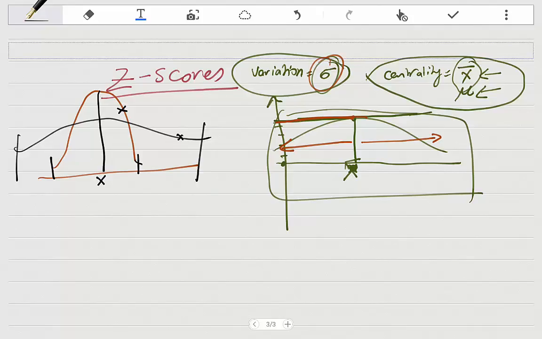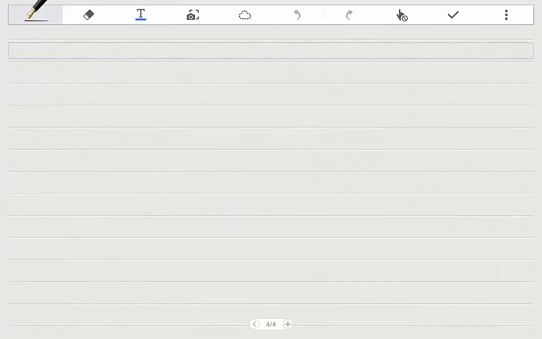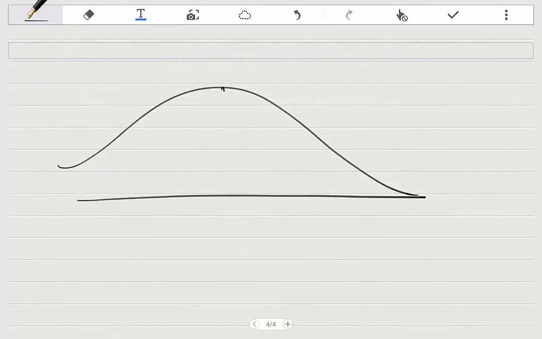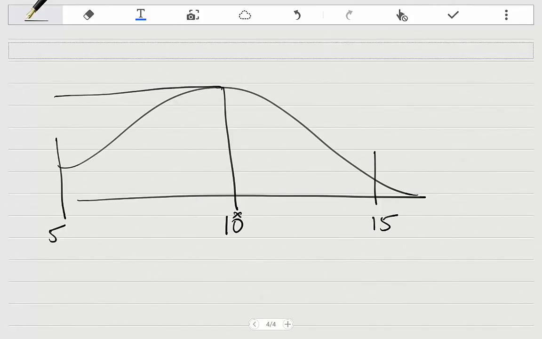Again, we draw this graph all the time, but what is this really? This is the assumed frequency. What you're really drawing when you're saying this is, suppose my mean is 10, and suppose this number is say 5, and suppose this number is 15. The frequency of you seeing a 10 is high, and we use the relative frequency.